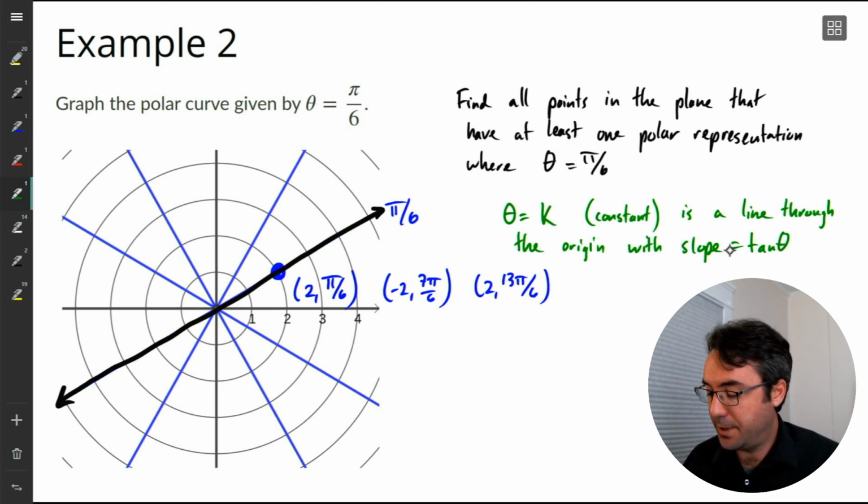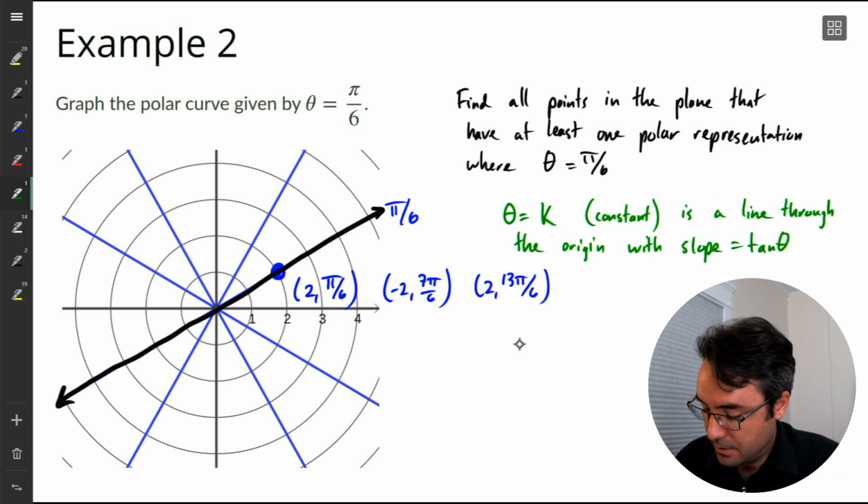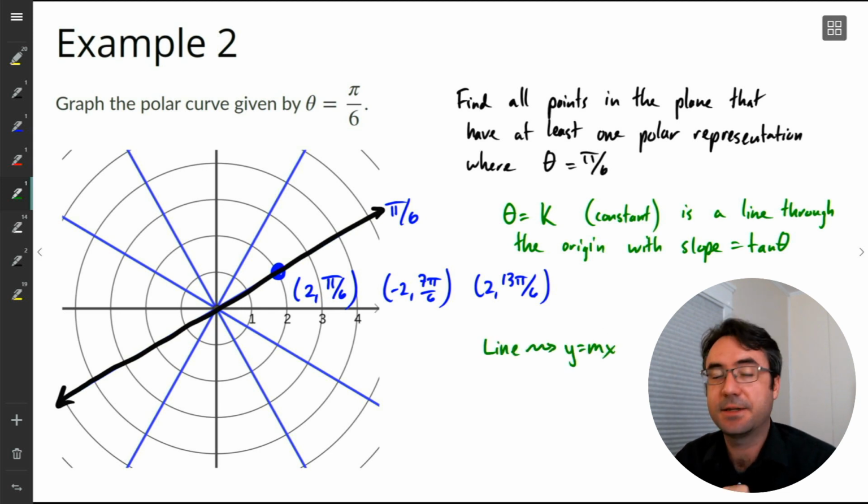And we know the slope here is tangent theta because if we have a line that's going through the origin, that means y is equal to mx. Normally a line is y equals mx plus b, but if we're going through the origin, well, the y-intercept is going to be 0. And if we solve this for m, the slope, we get y divided by x.